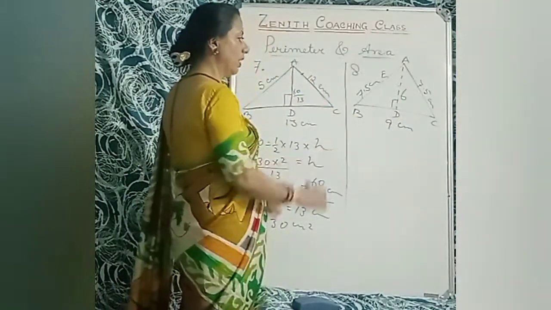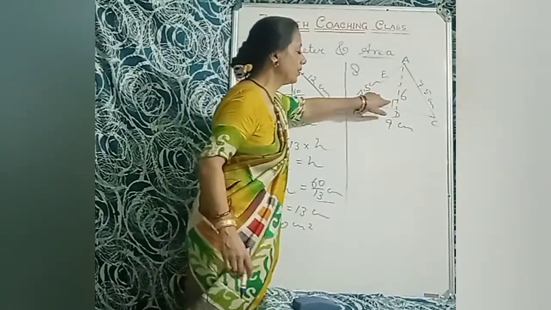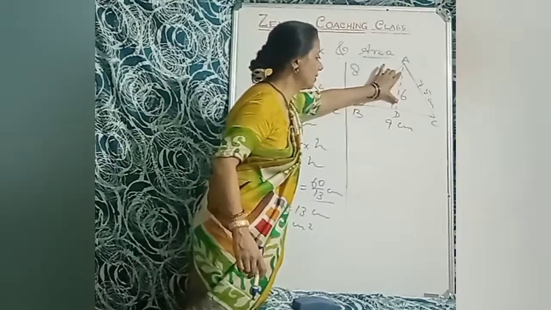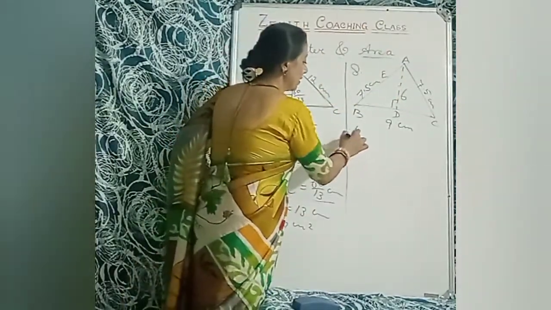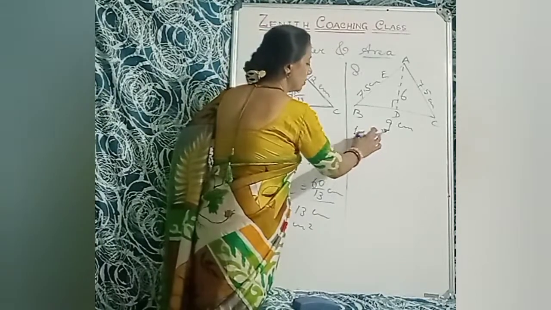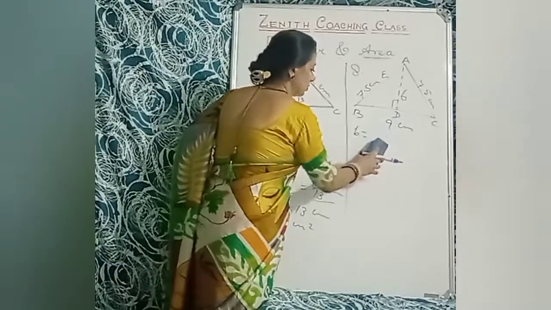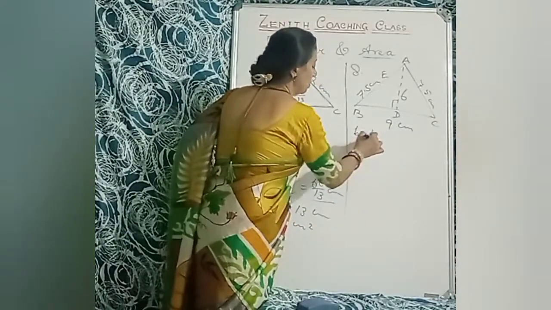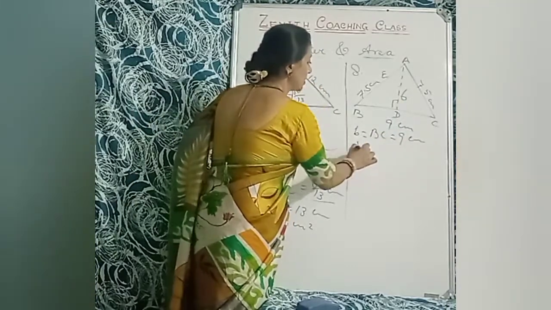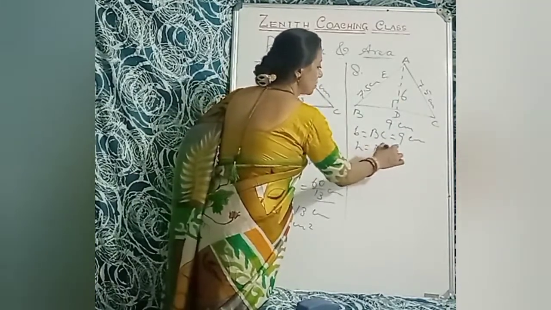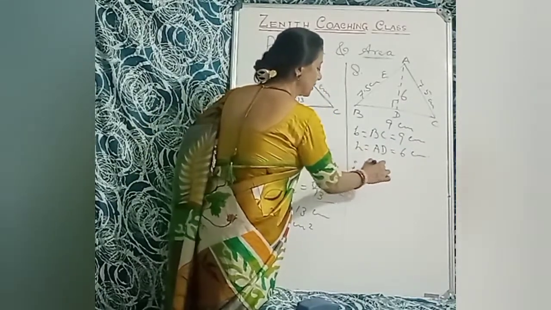So find out the area first, because it is base and it is height. Here is 90 degrees, so it is base and it is height or altitude. So find out area. Base equals BC equals 9 centimeter. Height equals AD equals 6 centimeter. So area equals half into base into height.